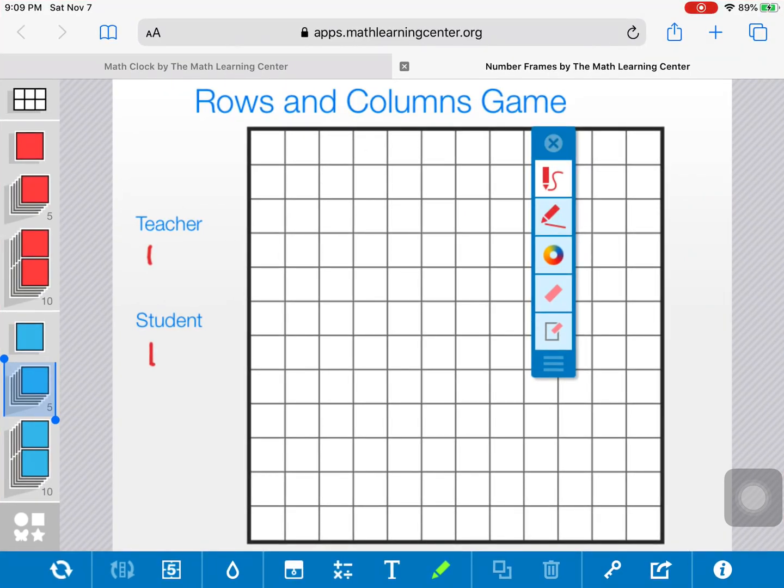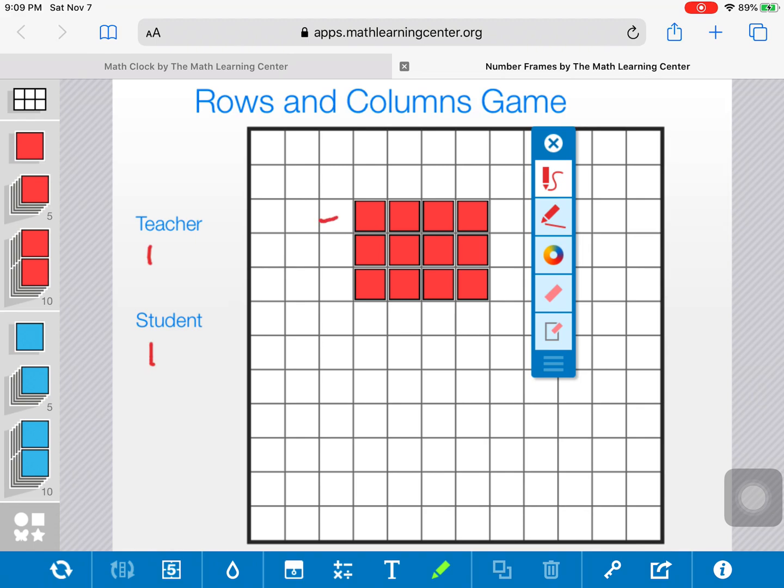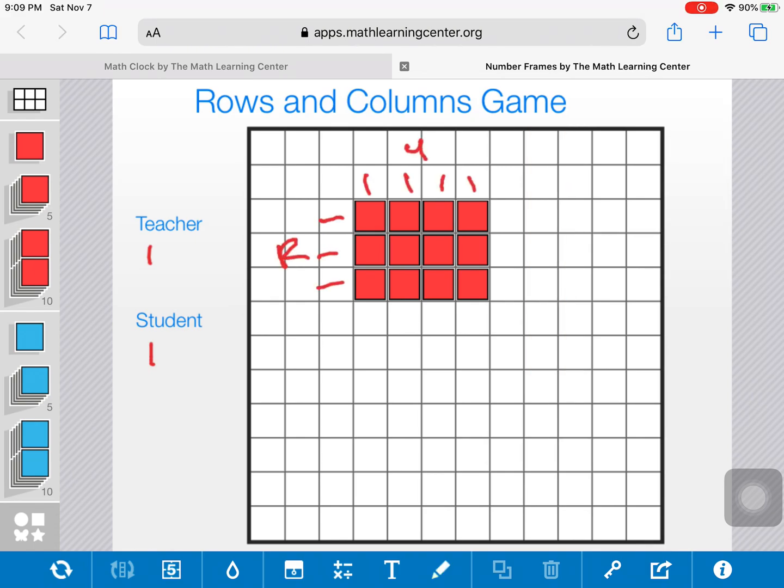So I have 3 rows, so that means that I'm going to pick 3 tiles. 1, 2, 3. And if I want 4 columns, that's how many tiles will be in each row. 1, 2, 3, 4. I'm going to fill those all out.